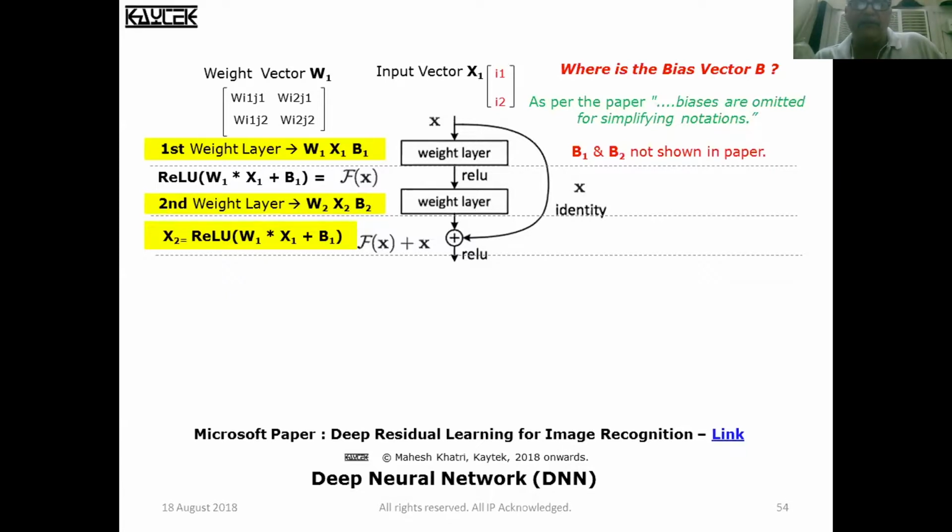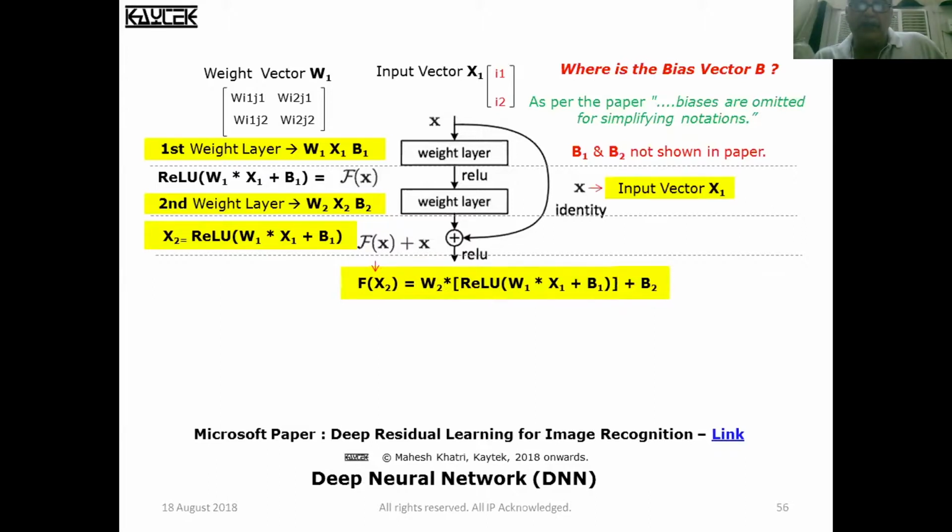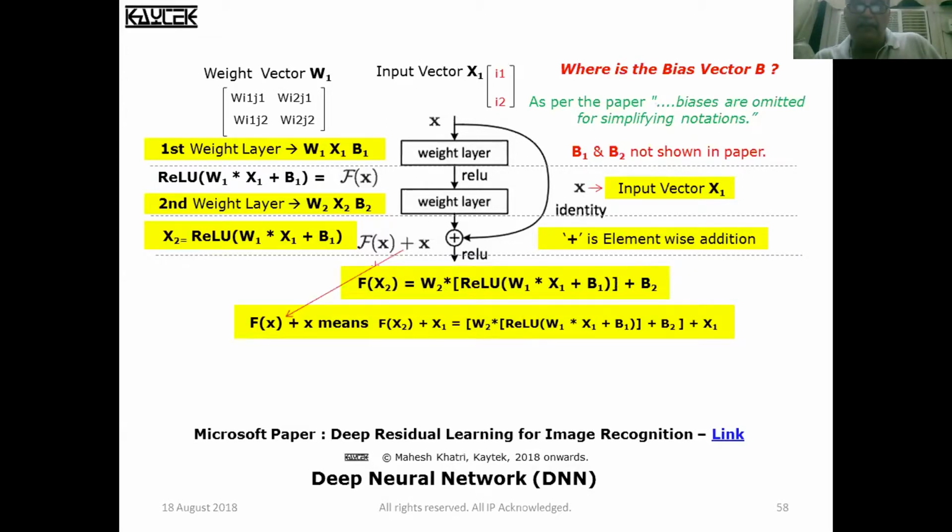first matrix operations. Now Fx, which has been shown over here, is actually Fx2, and this is the formula for Fx2. The input vector X1 gets added over here, which is the element-wise addition. And Fx plus X means this.